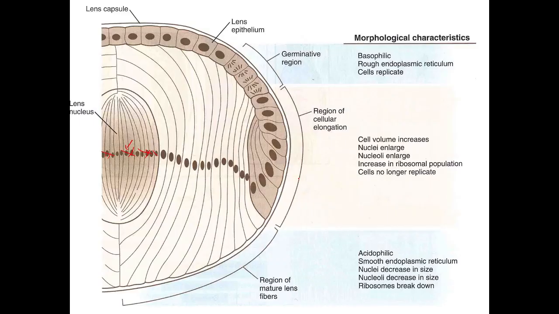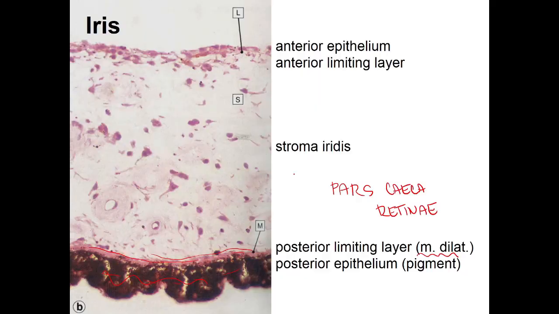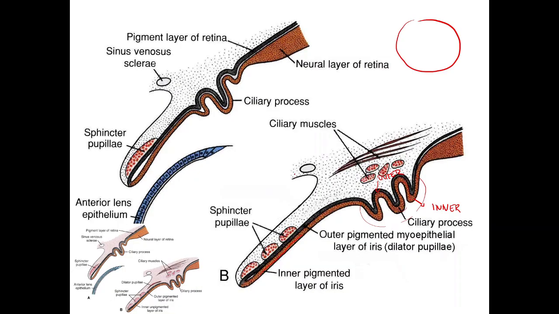Sorry for these images. Here, I'm back to my previous position. So please note that the inner pigmented layer is from the inner layer of the optic cup.